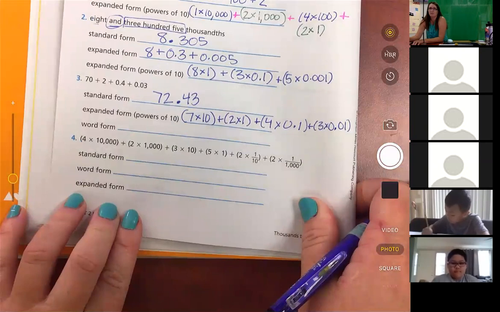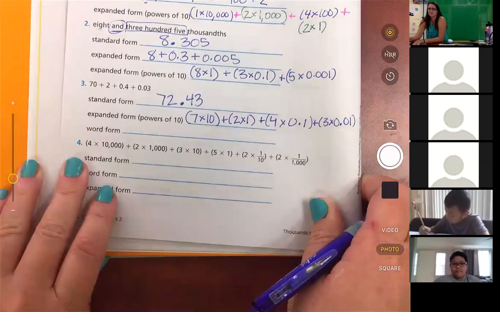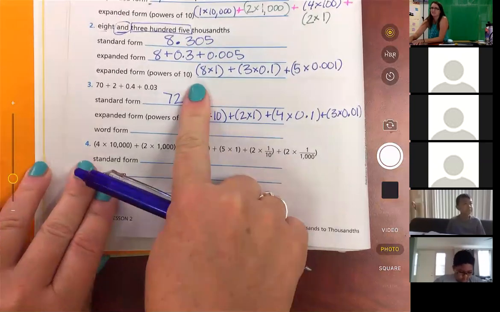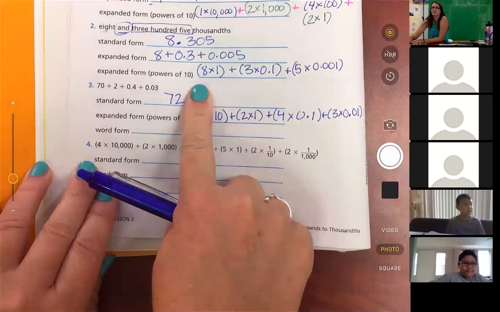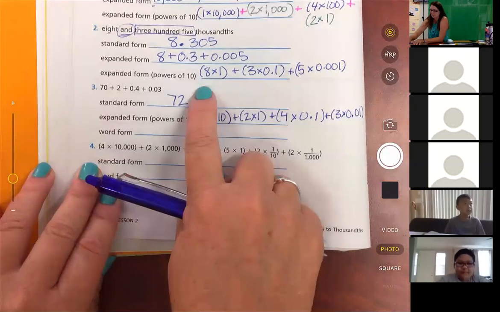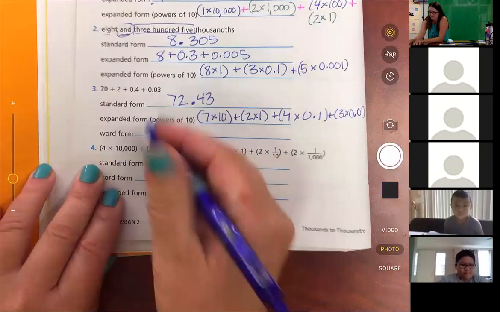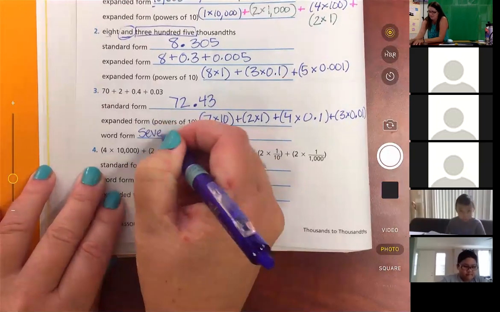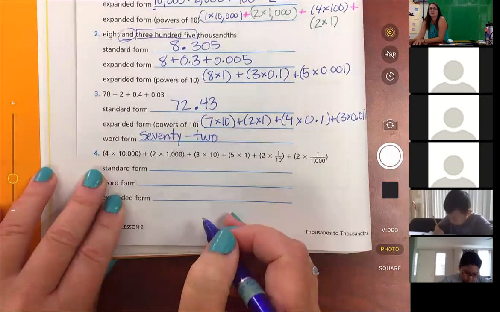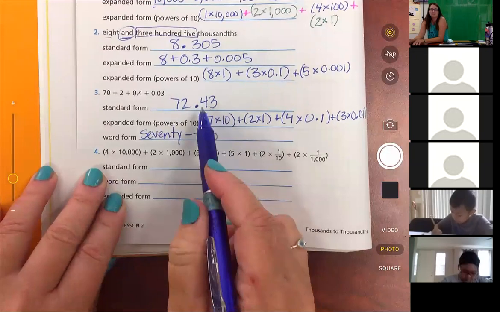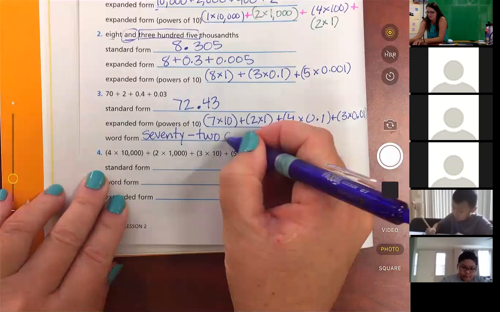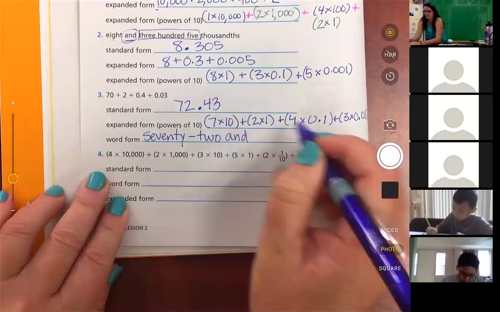Are we ready for our word form? Yeah. All right, let's look at what we have there first. Just those two numbers right there, 72. 72, and this is one of those hyphenated ones, seventy-two. I have my decimal. How do I say decimal? And. Seventy-two and, and I've got my number here.